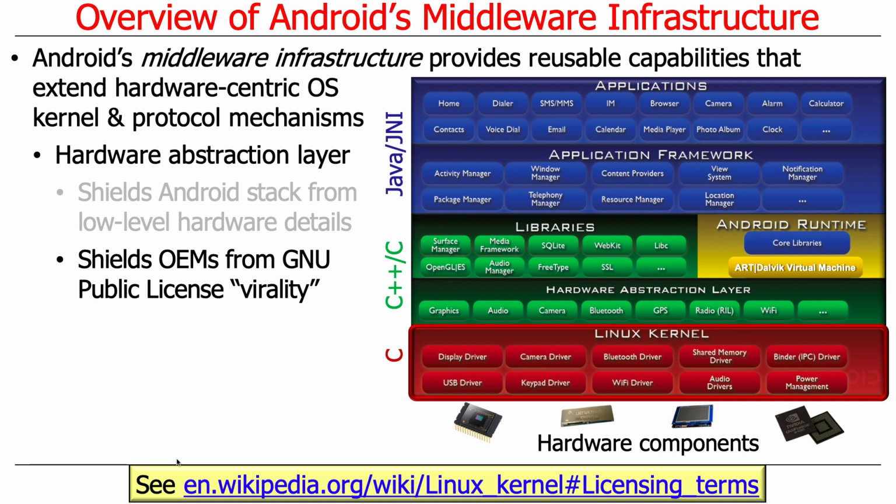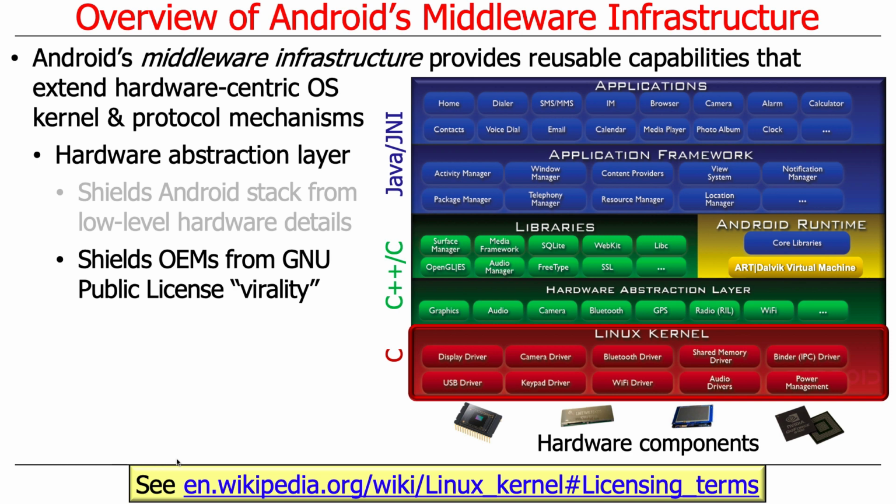Most notably, if you're writing device drivers in the Linux kernel, you are obliged to make your device driver source code available in open source form. That's sometimes called virality, which means that if you use the GPL, then it virally will infect everything that you do if you use the GNU public license.